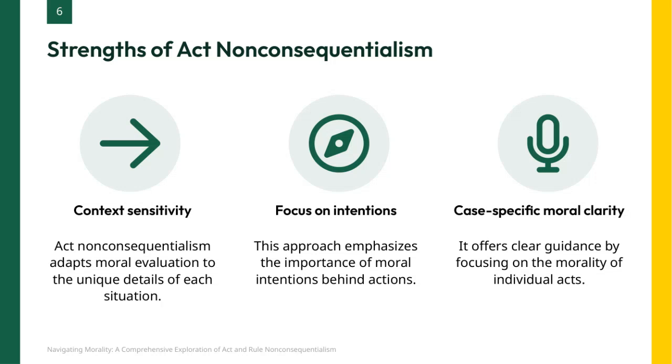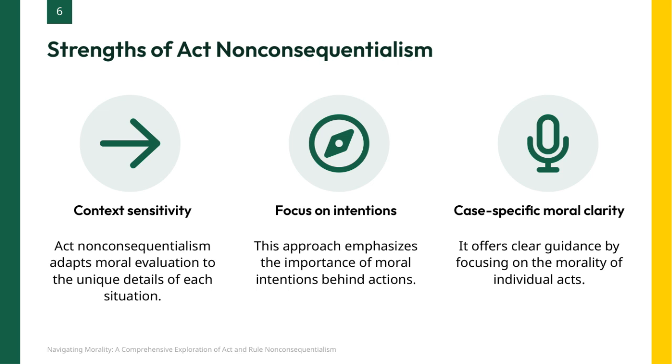Now let's look at some key strengths of act non-consequentialism. First, it emphasizes context sensitivity. This means it evaluates each moral situation based on its unique details, rather than applying a one-size-fits-all rule. Next, it focuses heavily on intentions. The moral worth of an action is judged by the intentions behind it, highlighting how important moral motives are in this framework.